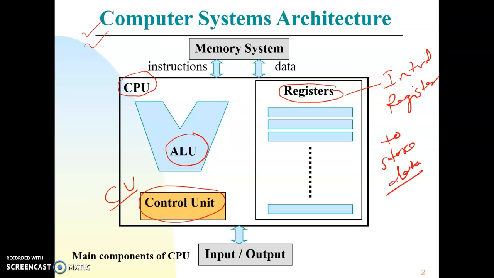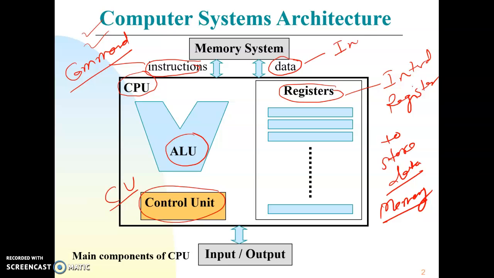So register works as a memory, small piece of memory to store the data, and then it has instruction set. Instructions are nothing but the command a user gives to the computer system.